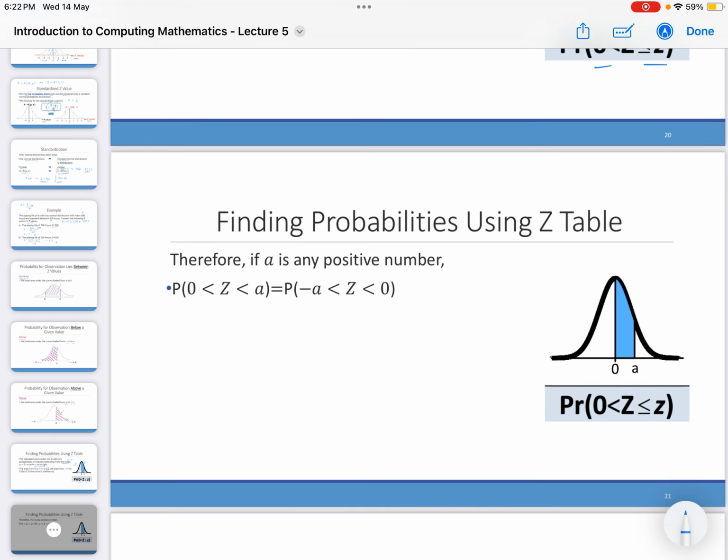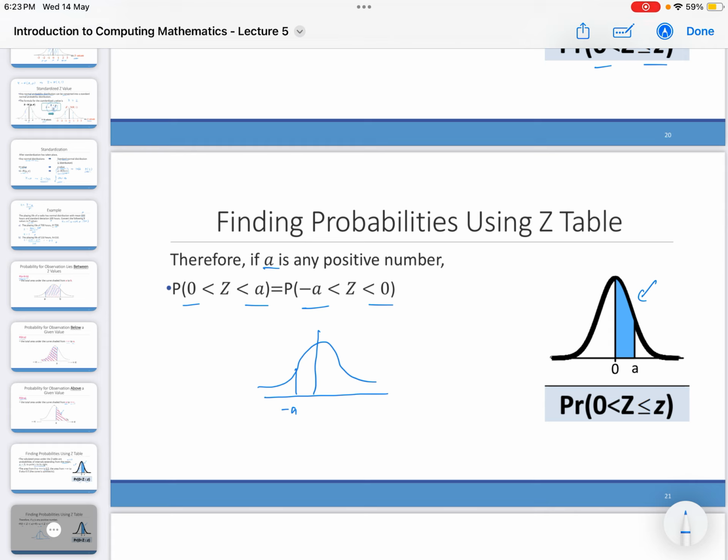Okay, so let's say A is any positive number. The probability of Z from 0 to A, the blue area here, actually equals the probability of Z from negative A to 0. So let's say we want to find this probability from minus A to 0. We draw this bell curve, so the negative A is over here.